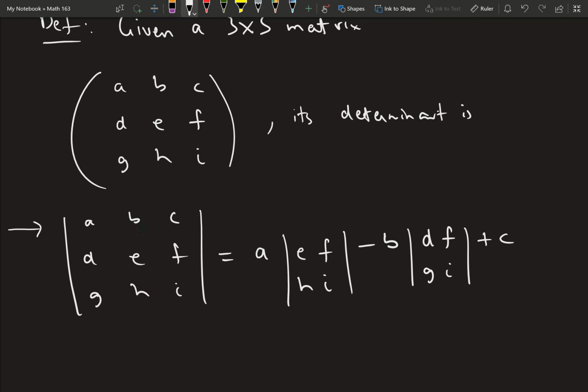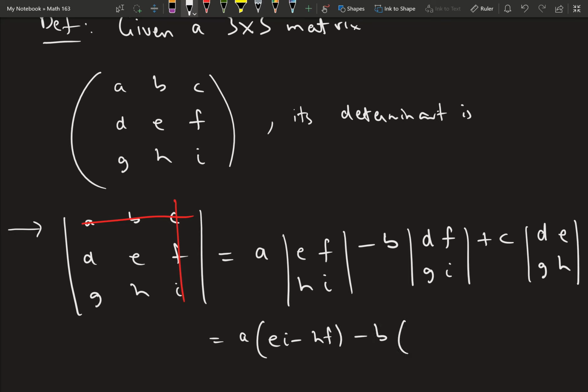So plus C, and then for C you cross out the column, cross out the row, multiply by the determinant of D, E, G, H. So if you complete this whole thing, you get A times (EI minus HF) minus B times (DI minus GF) plus C times (DH minus GE).